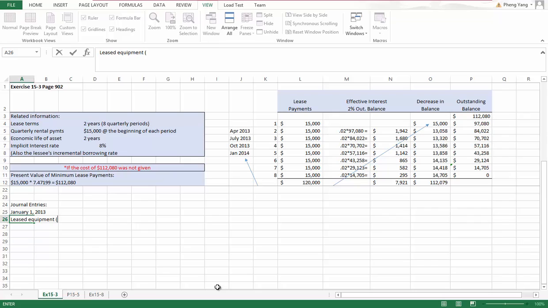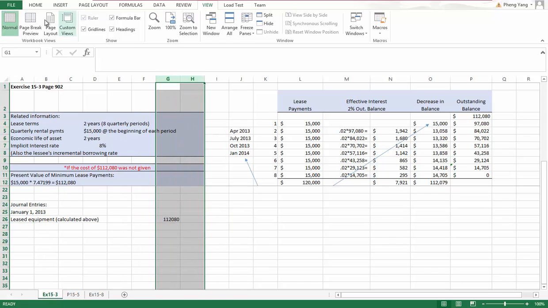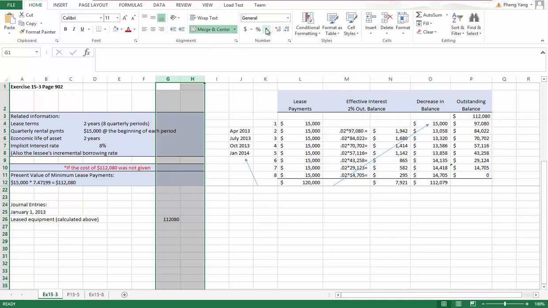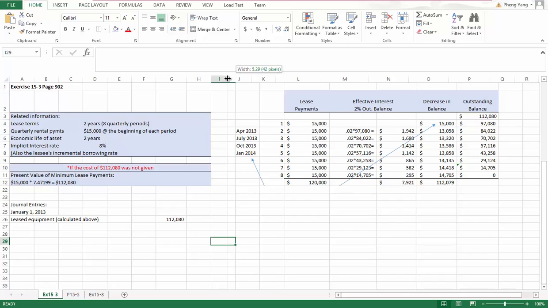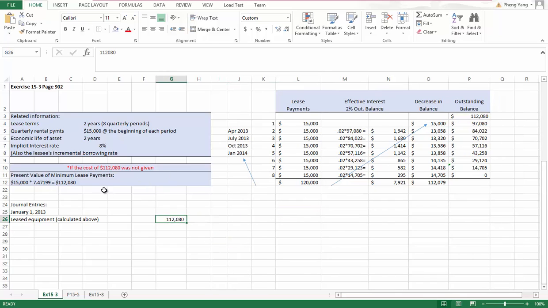This leased equipment was calculated above, in the amount of $112,080. Then my lease payable is going to be for the same amount. That's for January 1st, 2013.